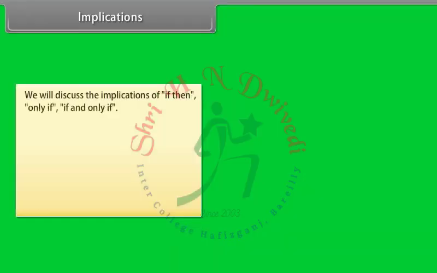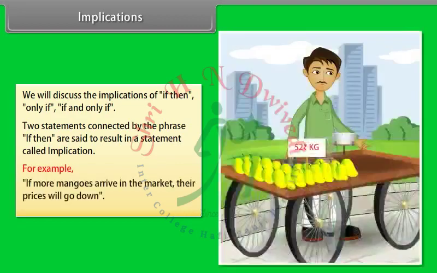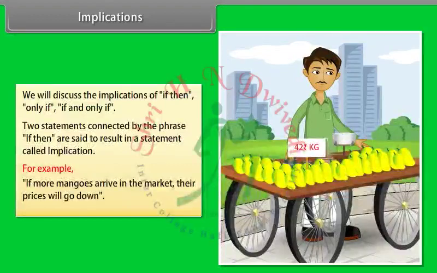Implications. We will discuss the implications of if-then, only if, and if and only if. Two statements connected by the phrase if-then are said to result in a statement called implication. For example, if more mangoes arrive in the market, their prices will go down.